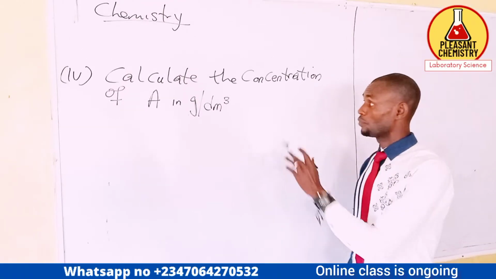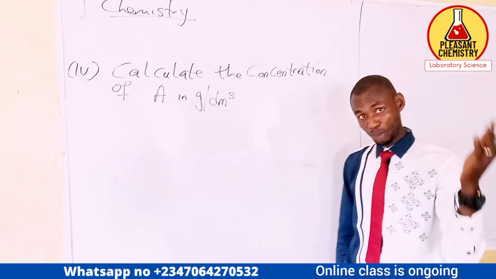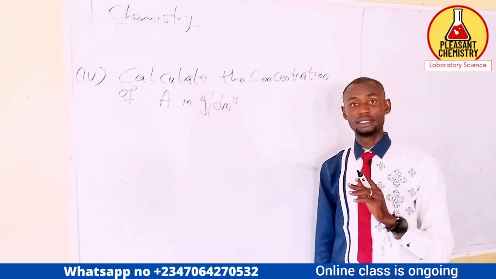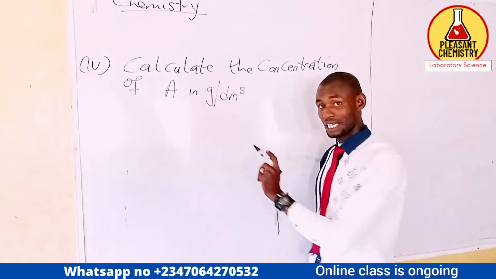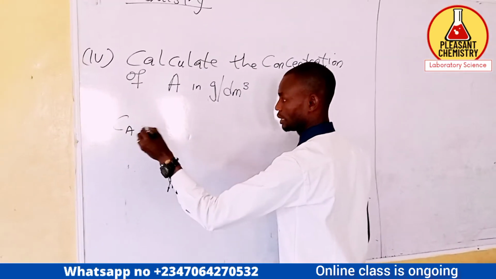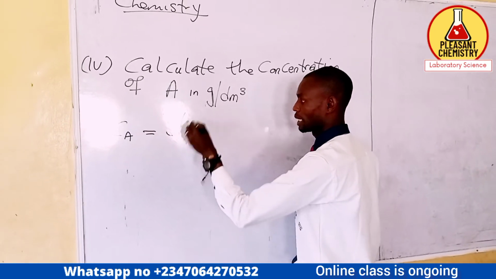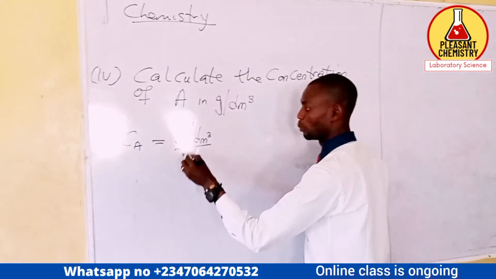Now, if you are calculating A in gram per kg, remember you can still make use of molarity is equal to mass concentration over molar mass, and that means that we are using molarity of A. We can now say our Ca is equal to gram per dm cube, which is the mass concentration, over molar mass.